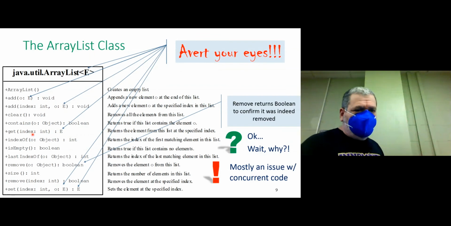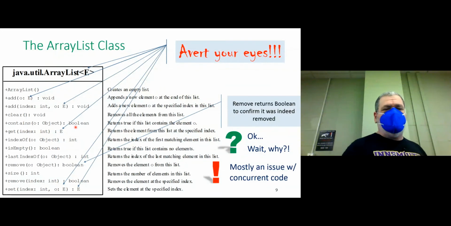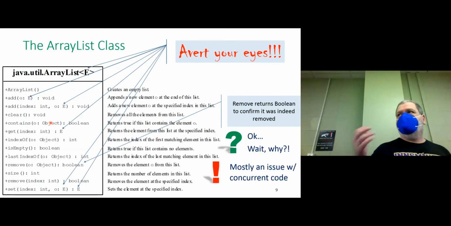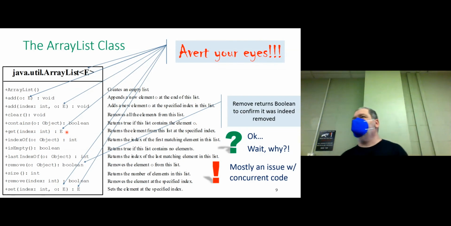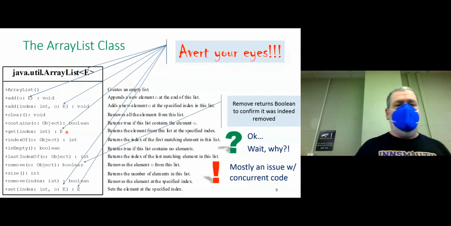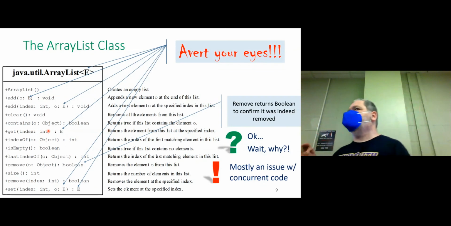So you can see that we have a bunch of methods here. We have clear, that's going to remove all elements from the array list. Contains, that is going to test if a certain object specified by its reference is in the array list. Get returns to me a reference to E, whatever E is, a reference to an object of type E, that allows me to get the element at an index specified as a parameter.